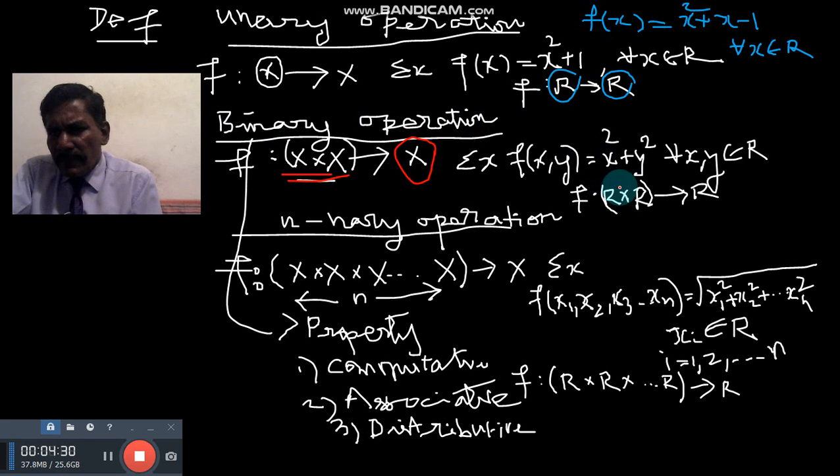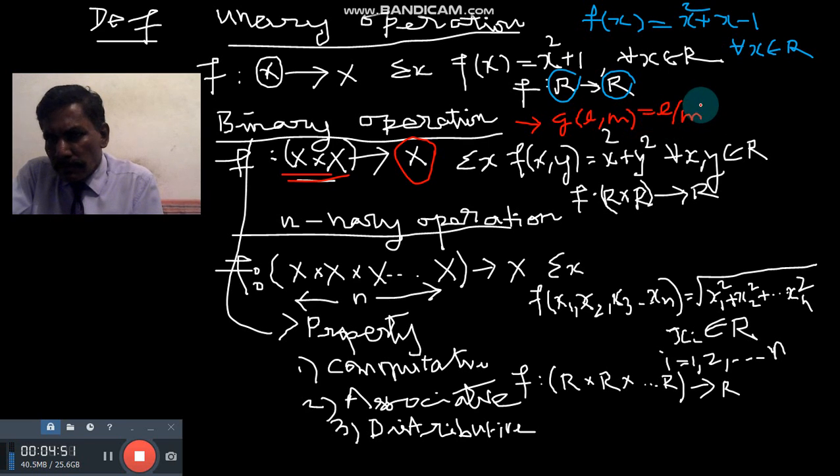Okay, I can give you a lot of examples for this binary operation. Take for example, g of l comma m equals l by m minus 1 for all l comma m belongs to the set of real numbers.